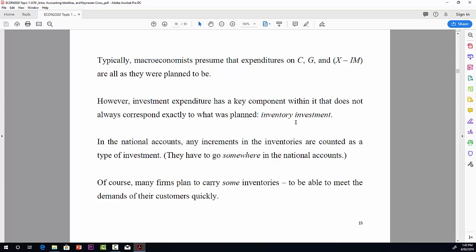Demand goes up and down for your good, and it's good to have a buffer stock of the good available for when, for example, demand's really strong. So on a personal note, I actually used to work in a carpet factory many years ago, and we used to have an inventory of carpets that would go up and down depending on how the orders came in.